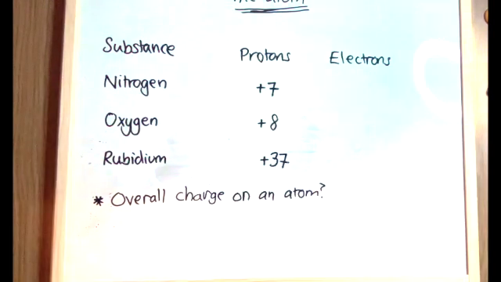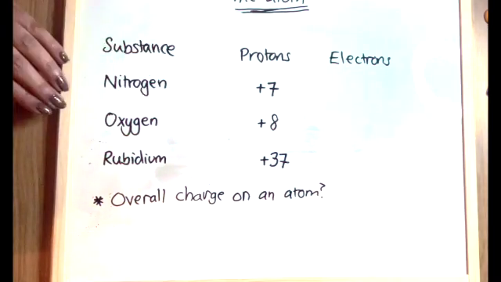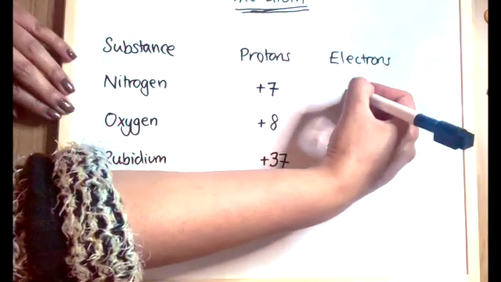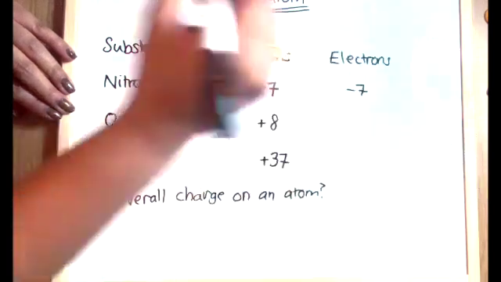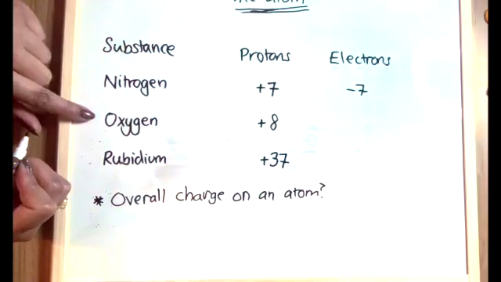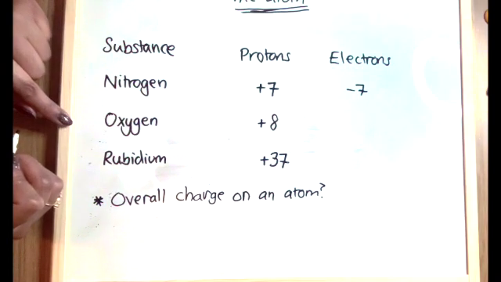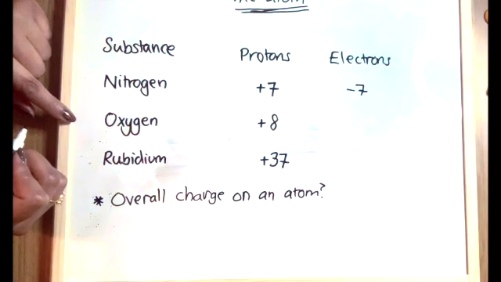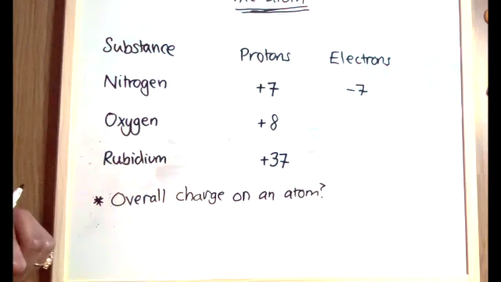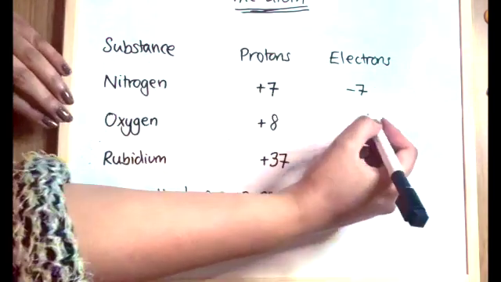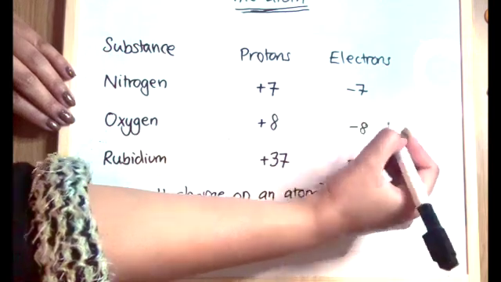Okay, so the key thing was, remember we said in an atom you have the same number of protons and electrons. So if my nitrogen has 7 protons, then it will have 7 electrons, so that's a charge of -7. If my oxygen has 8 protons, it will have 8 electrons, so that's an overall charge of 8 negative subatomic particles, so that would be -8.